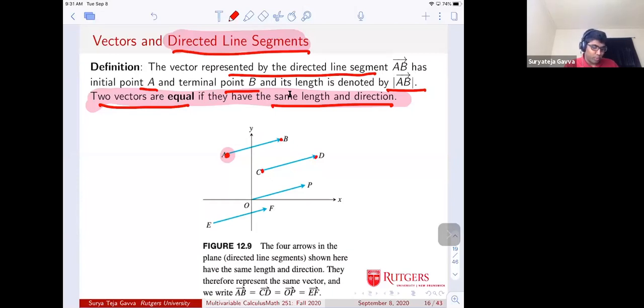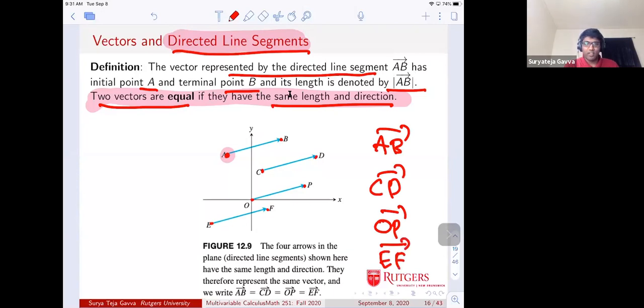The same with OP. All these lengths are the same and all of them are in the same direction. So AB is a vector, CD is a vector, OP is a vector, EF is a vector. All of them are different line segments.